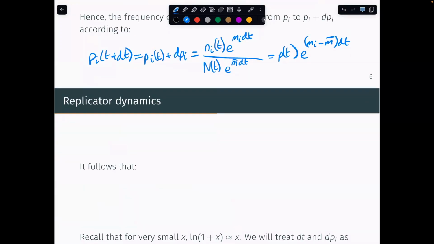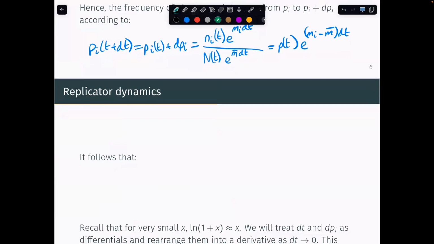So we can divide both sides here by pi of t. Note that there's also a pi of t on this side. We'll end up with 1 plus dpi divided by pi of t is going to equal e to the (mi minus m bar) dt.